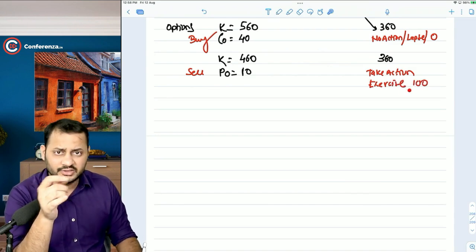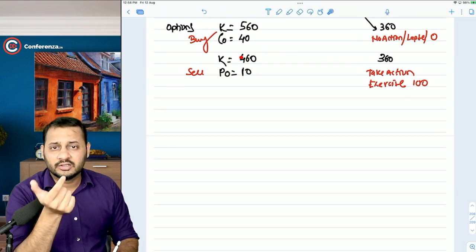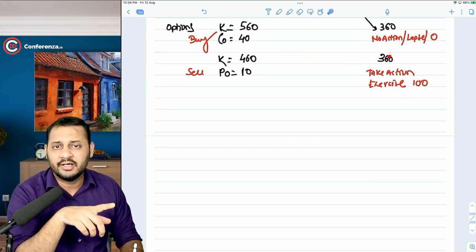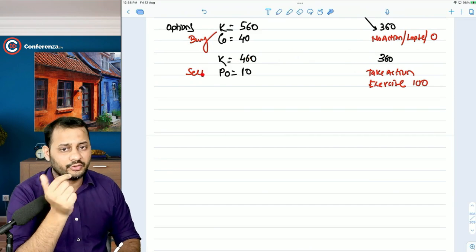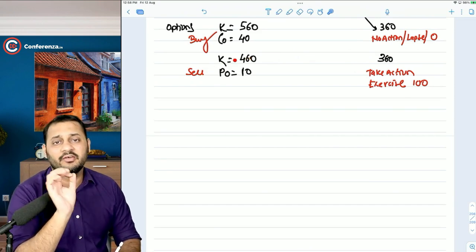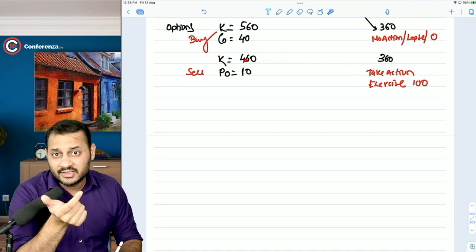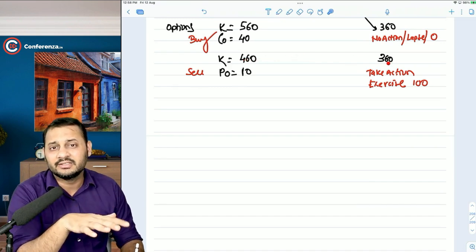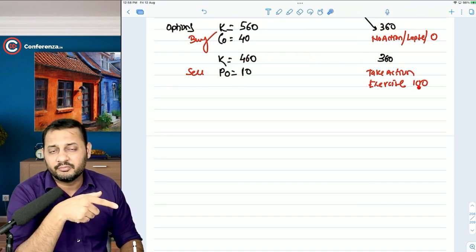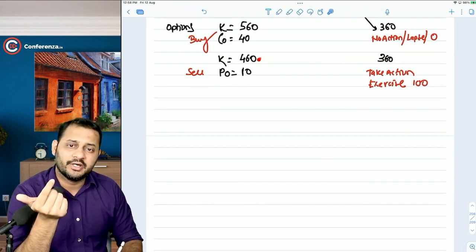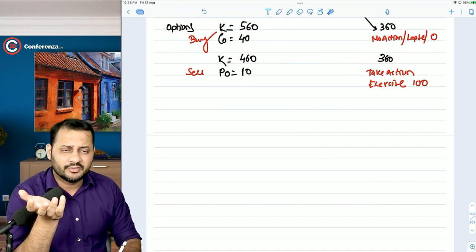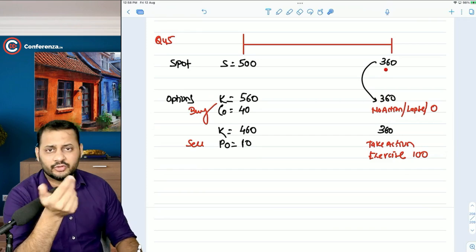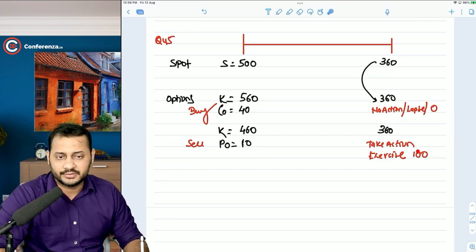How come 100 rupees? It's the difference between the two prices. You have a selling right at 460, so you can sell it at 460 when the market is going at 360. That means you have a profit by exercising your right. You sell it at 460 and you buy it at 360, so you have a profit of 100 rupees.